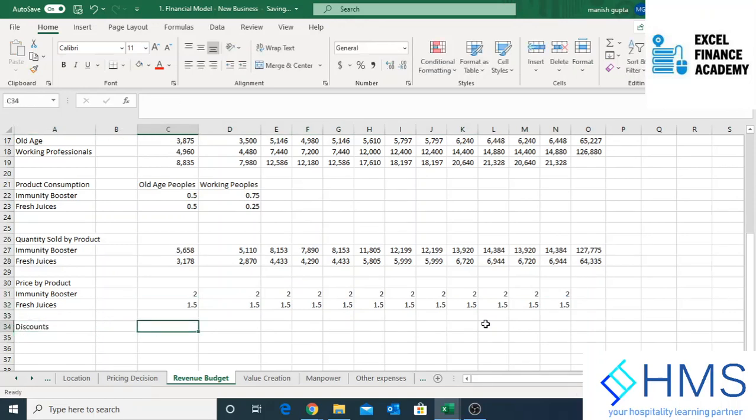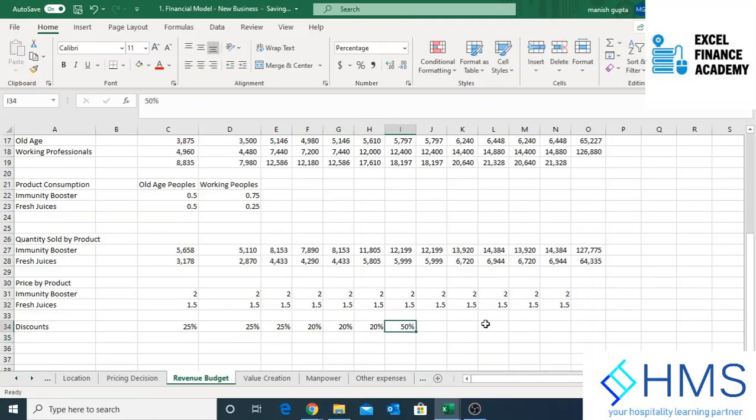So each month, let's say you want to discount 30% or 25% in the initial months, and then another 30% or let's say 20% in the next 3 months, and then you may do some special promotion, let's say buy one get one in this particular month to entice the market.